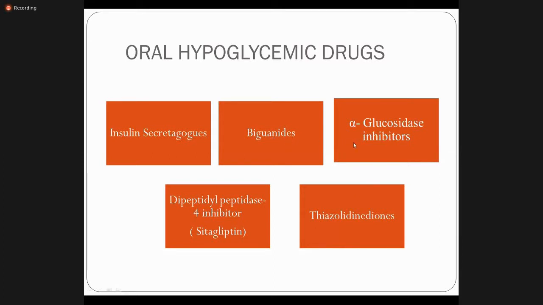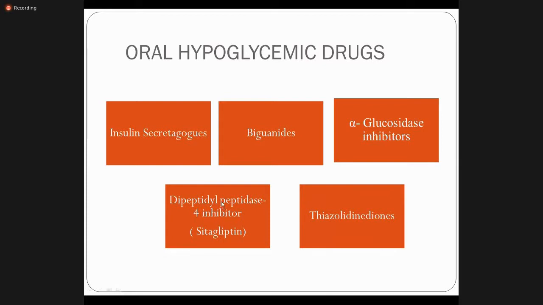The third group is the alpha glucosidase inhibitors, right? The alpha glucosidase enzymes are present in the brush border of the intestine. Why we are going to inhibit this enzyme, we will also check in the subsequent slides. The next group is the thiazolidinediones. This is another oral group. And then dipeptidyl peptidase 4 inhibitors.